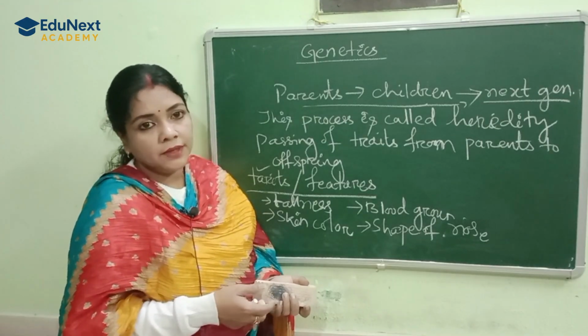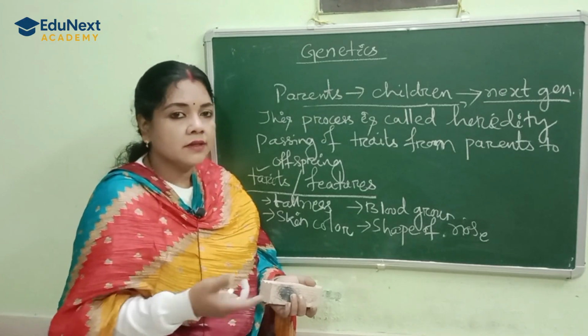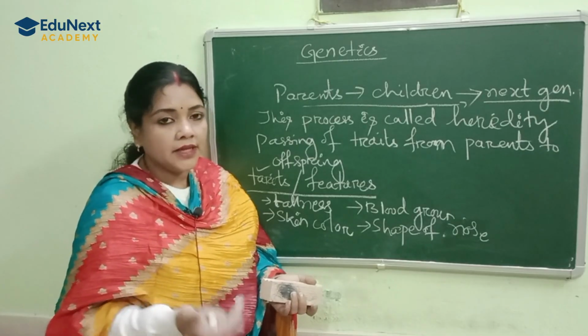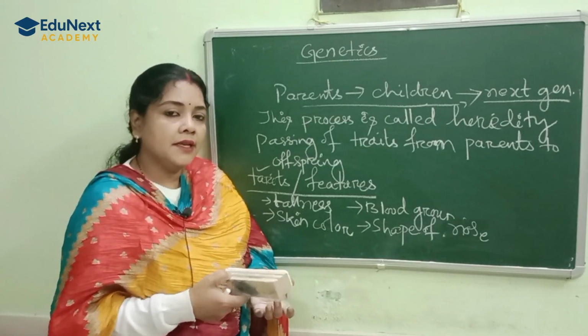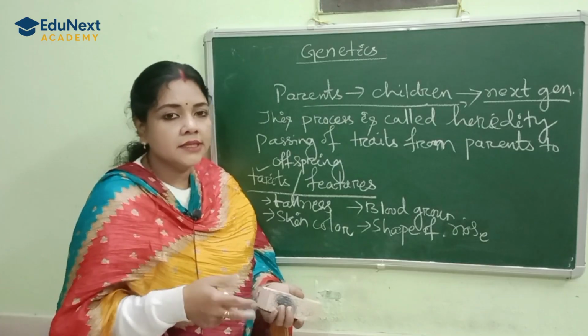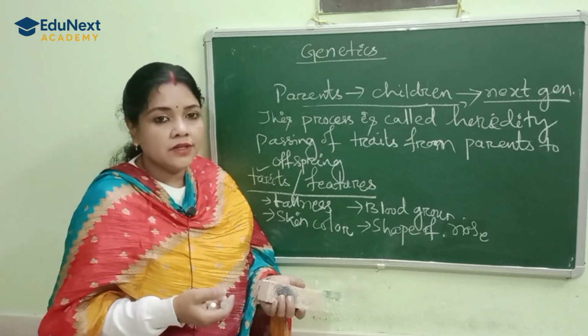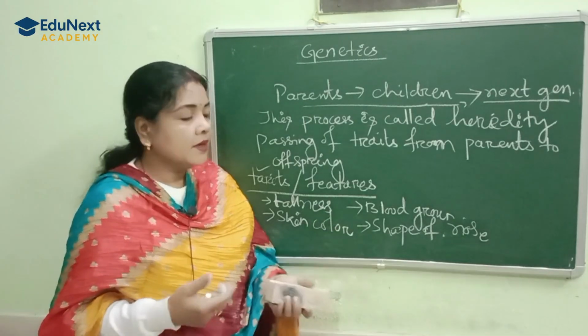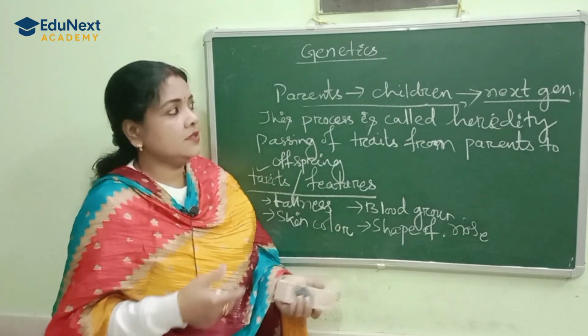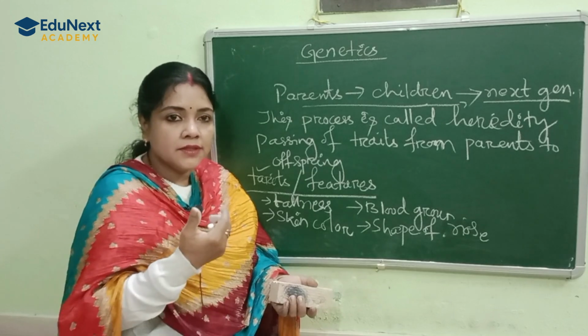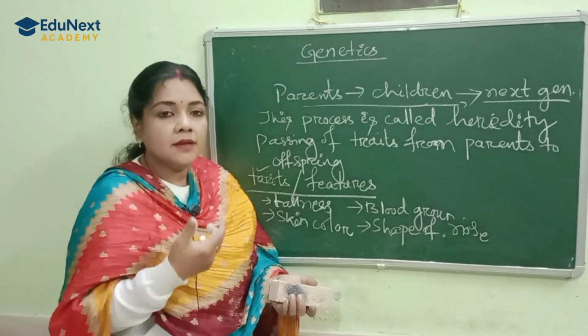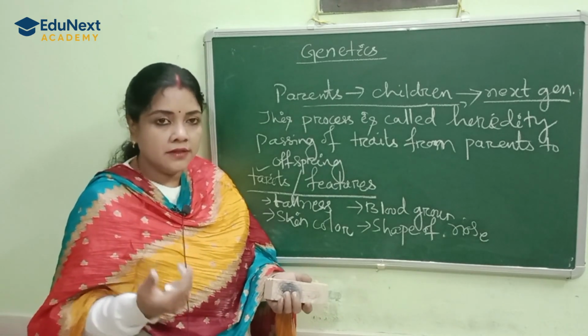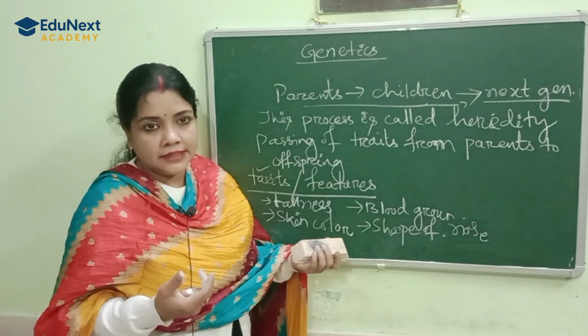One child may be like his father, or one child may be like his mother. That means he is carrying some features from both his mother and father. This passing of features from parents to their children is known as heredity.